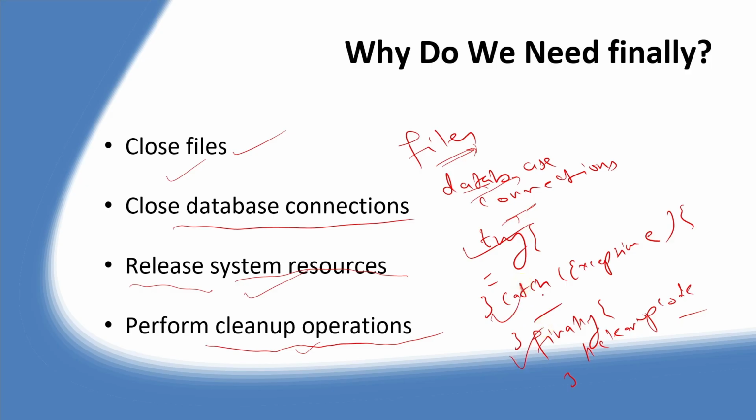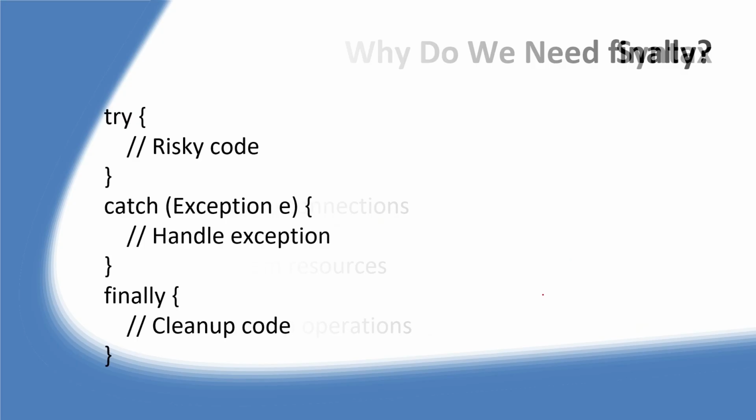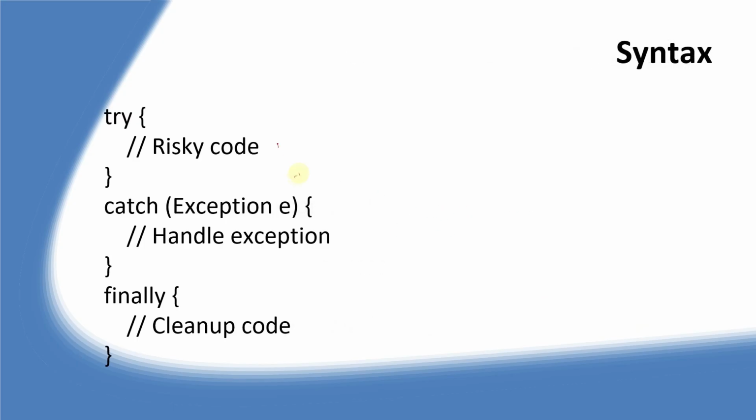The try block contains the risky code, the catch block handles the exception, and cleanup code is performed by the finally block. This is the basic syntax of the finally block. It comes after the try and catch blocks and is typically used for cleanup operations.